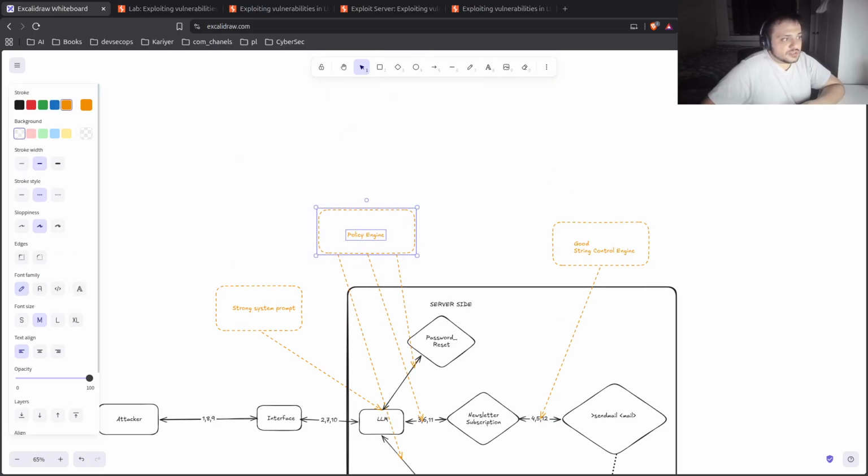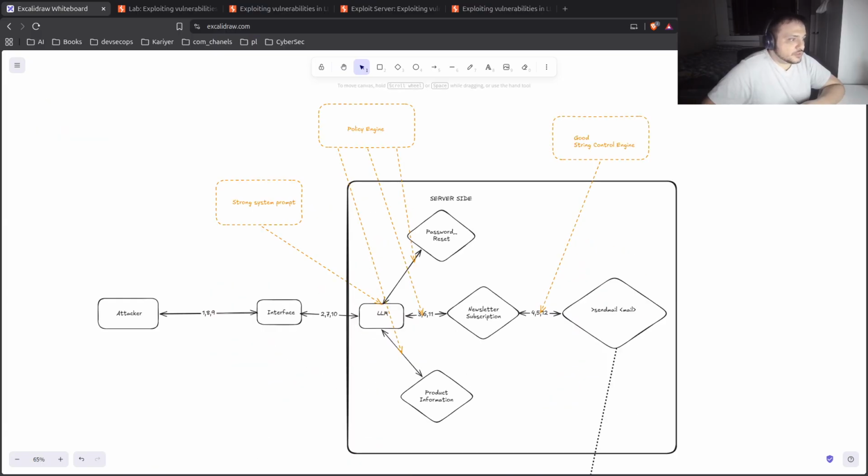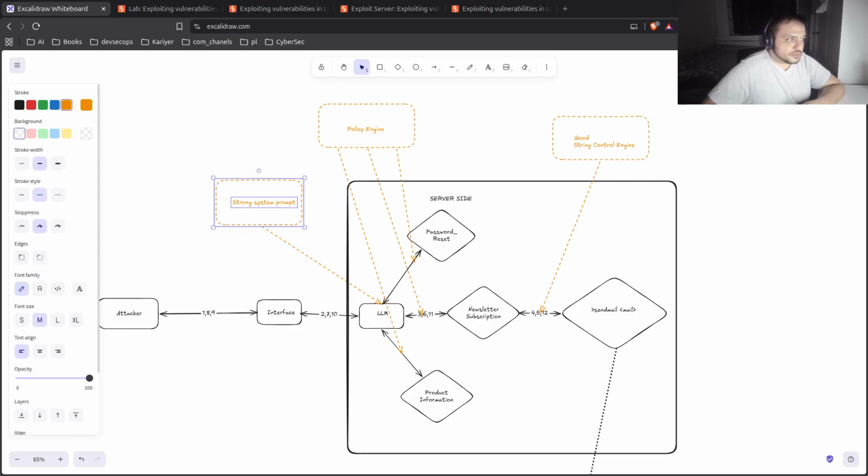And this policy engine can be implemented in really different ways. If you want to learn this, you can check my LLM firewalls video. And also you need a strong system prompt, which means that this system prompt will inform the model itself about what can happen, what attacks can happen, what people can say, and how it should react, etc. So this is basically the goal of the strong system prompt.